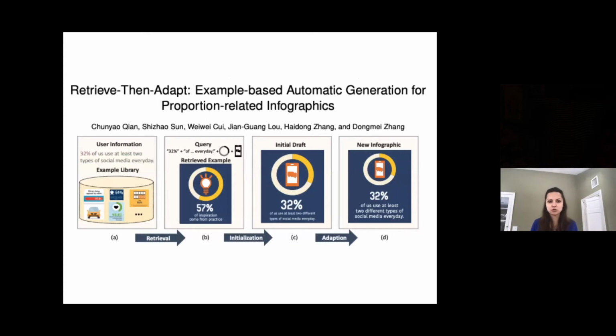This is one work in a line of a number of papers that take as input user text queries, like "32% of us use at least 2 types of social media every day." And as output, they create a small infographic, which is like a mini design.